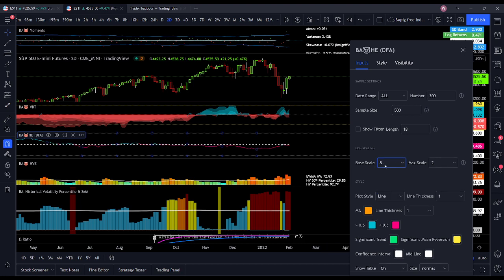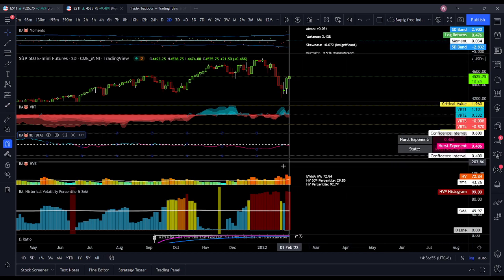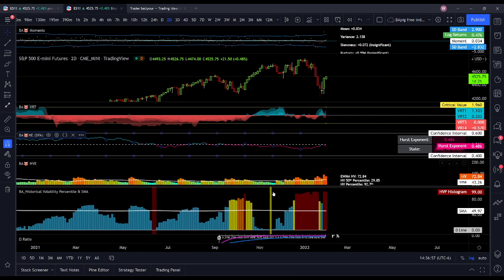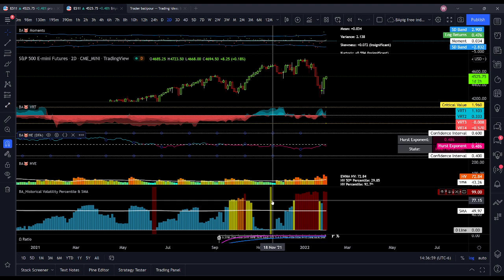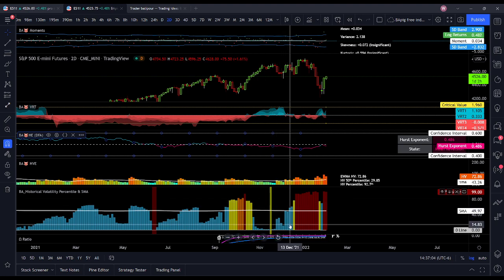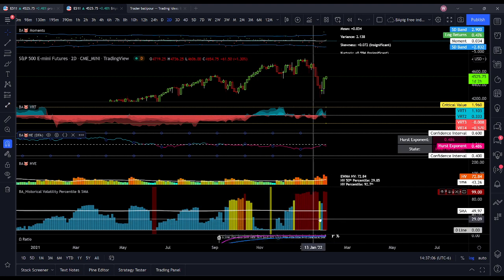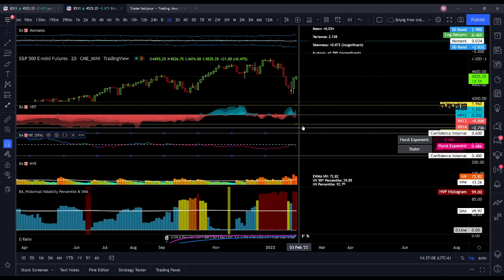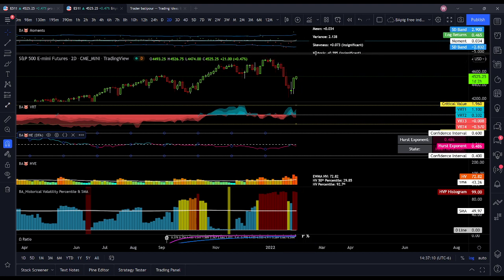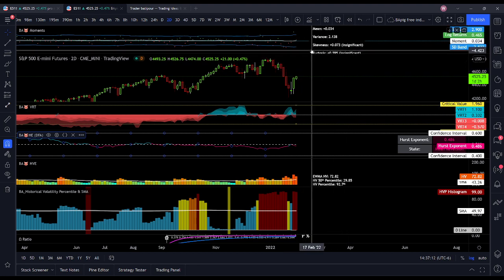But we'll just keep it stock, base scale, max scale, 8.2, and looking at volatility here. You got an HVP flash right here on the 16th of November, and then you saw historical volatility percentile expanding. And we see VRT as well. The mean is back positive.